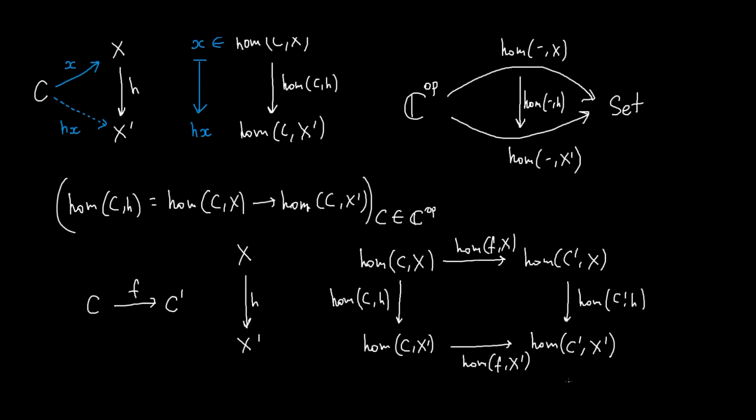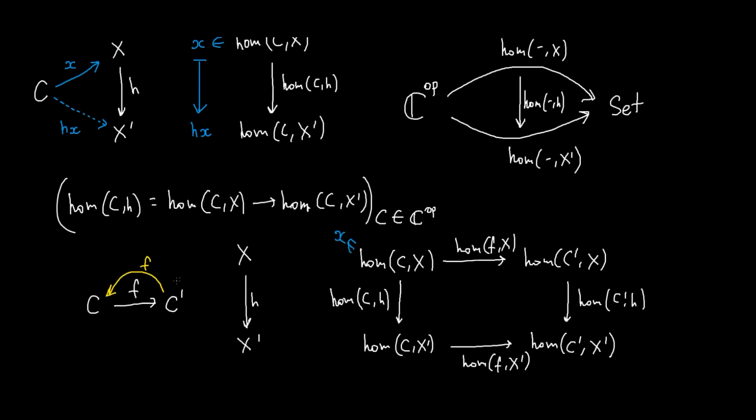And to check this, let's recall what morphisms in C op are. They are morphisms in C in reverse direction. So F will actually be a morphism in C from C prime to C. And now we pick an element of Hom CX.